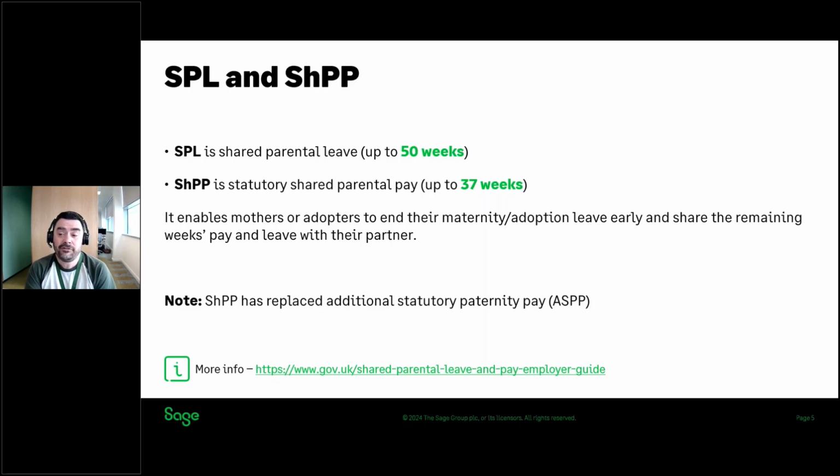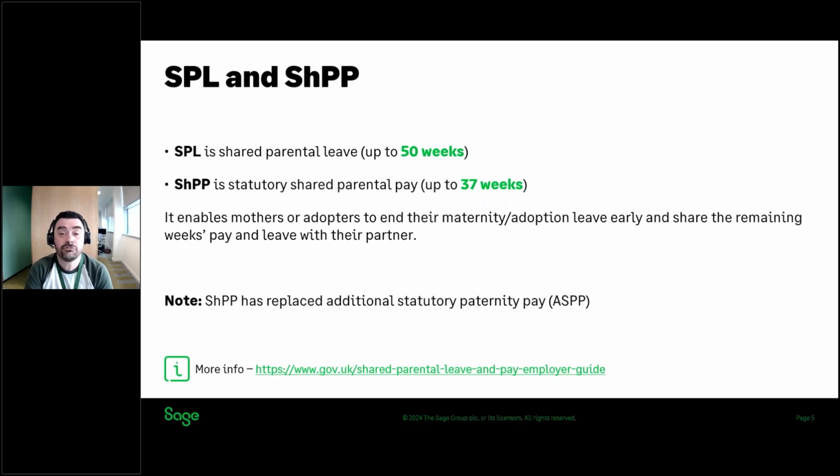Now, this statutory leave and payment enables mothers or adopters to end their maternity or adoption leave early and then share the remaining weeks' pay and leave with their partner. So it gives more flexibility. They can still use the shared leave themselves, but they would have more flexibility over when that leave is taken, and they can share that leave with their partner.